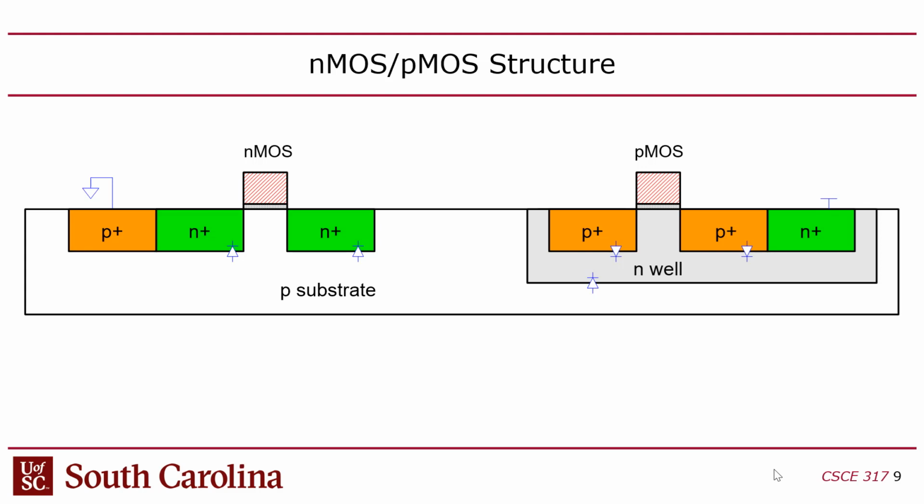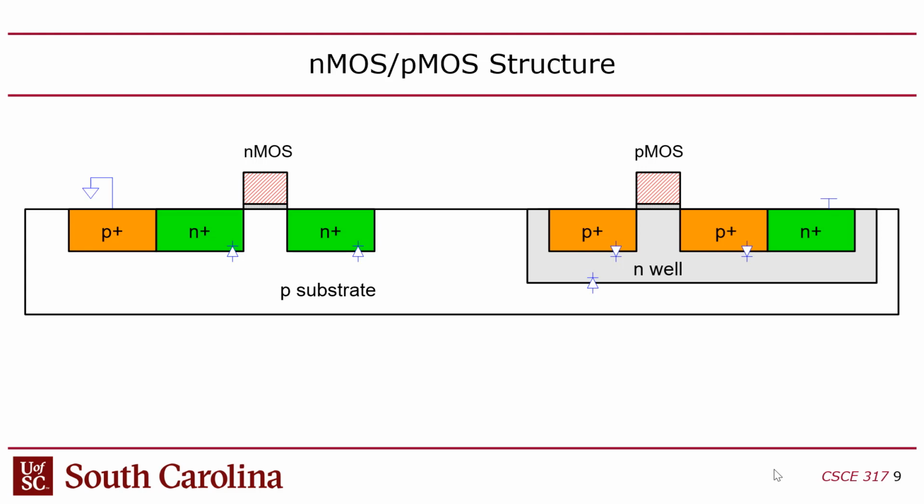So you create a deeper diffusion area that covers the whole transistor. And then inside that diffusion area, you create other, smaller diffusion areas. So this way you can have a little localized N substrate, and then you can put your P's in there to form the PMOS source and drain.